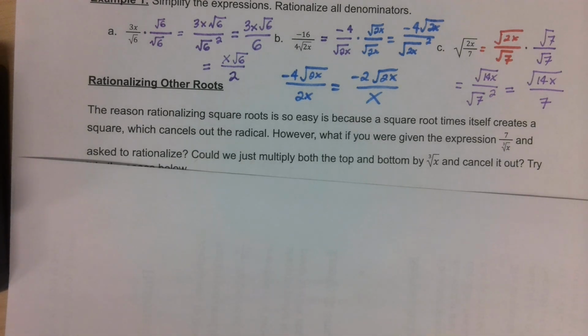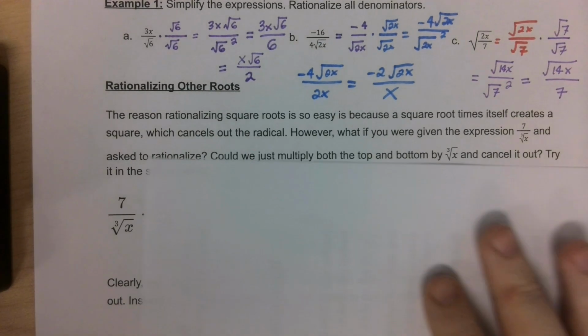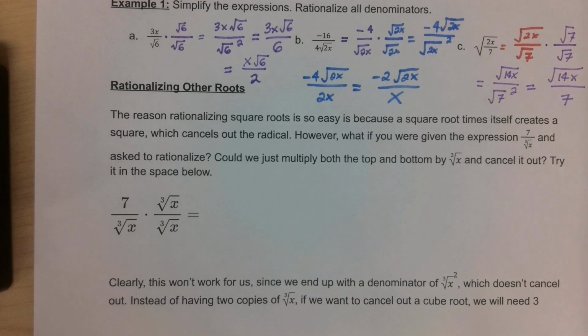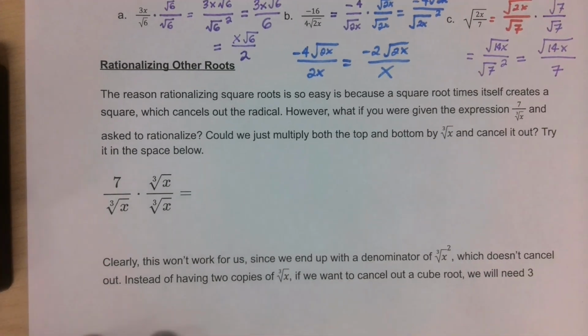What if we were trying to rationalize the following? 7 over the cube root of x. Well, our first instinct might be, let's just multiply it by another copy of the cube root of x. But this quickly doesn't work. Why?